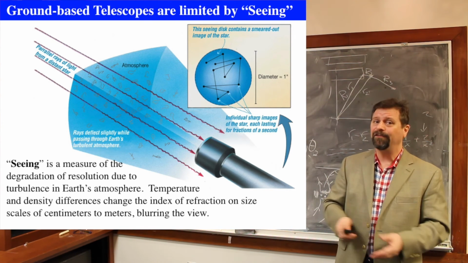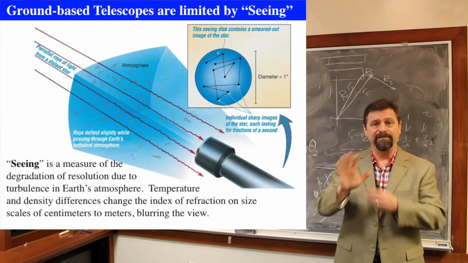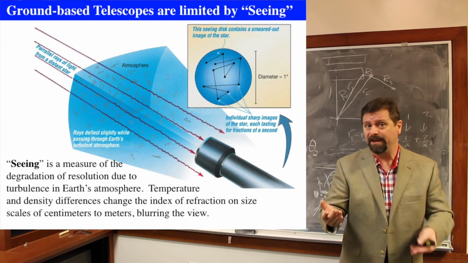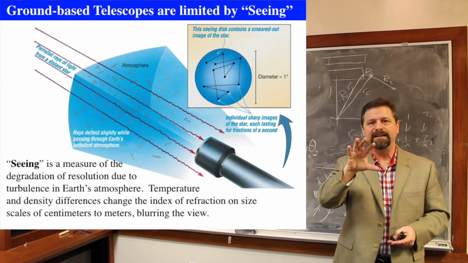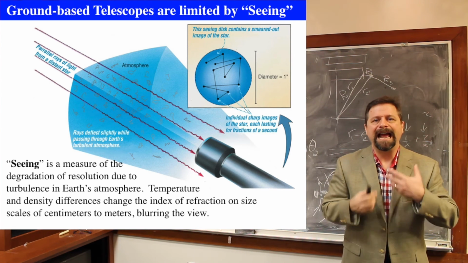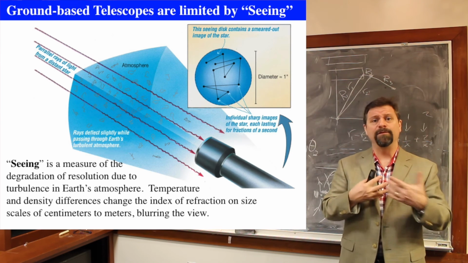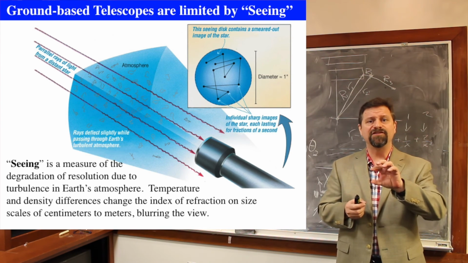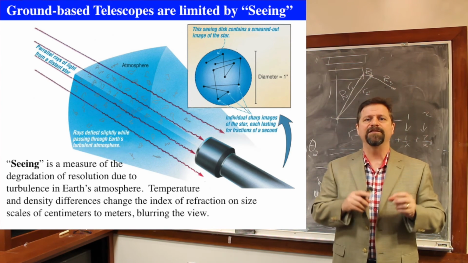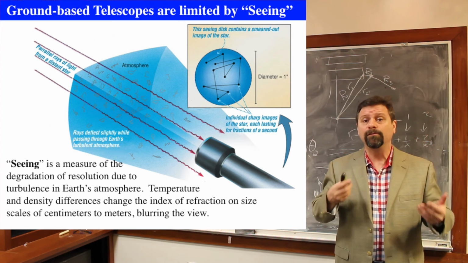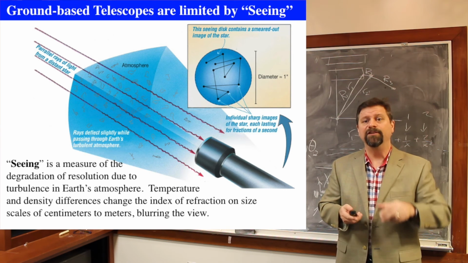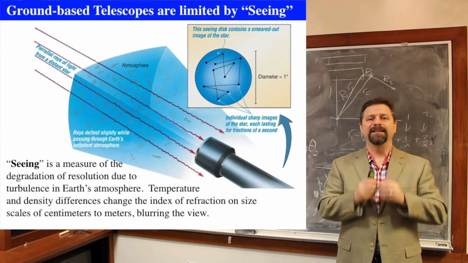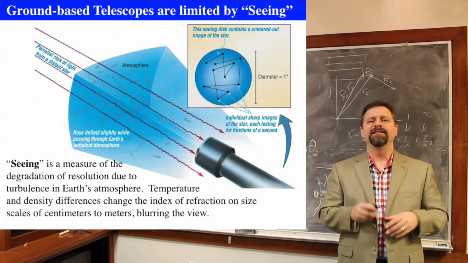Now, in a telescope, we don't really care about that because we have a detector, and the detector has pixels. And so the image wanders around on the surface of the pixel, spreading the image. So if we look through a telescope with a detector or a camera, the image spreads on the surface because of the variable refraction that the atmosphere has as the light's coming to us. And we call that spreading of the image seeing.